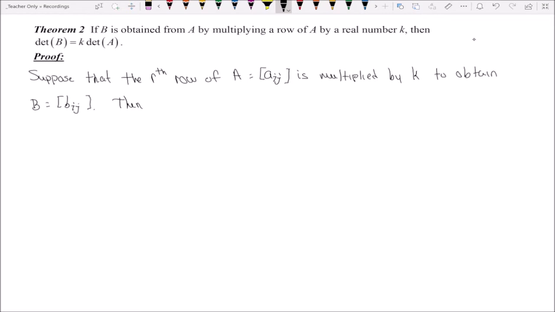Then what we're going to have is B_ij will equal A_ij whenever i is not equal to R, and K times A_rj when i is equal to R.